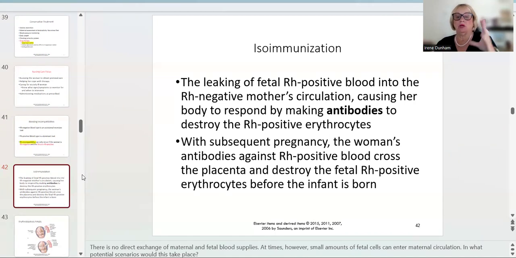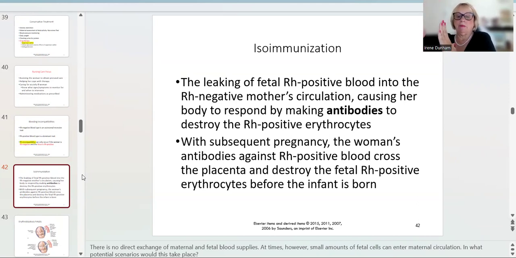RhoGAM is given because when you have fetal Rh positive blood that gets into mom's circulatory system, mom's system is smart. It's going to respond to this Rh positive blood coming in, and they're going to make antibodies. I always think of antibodies like little warriors inside your body, you know, they're going to get everybody. Boom, boom, boom, boom, boom, boom, you know, little warriors.